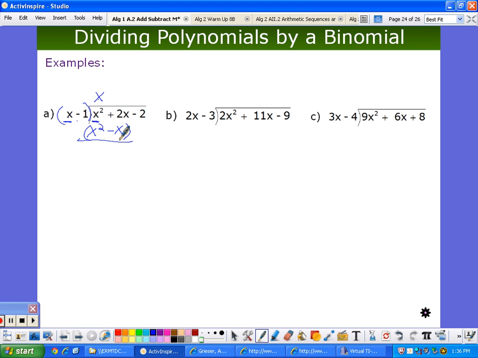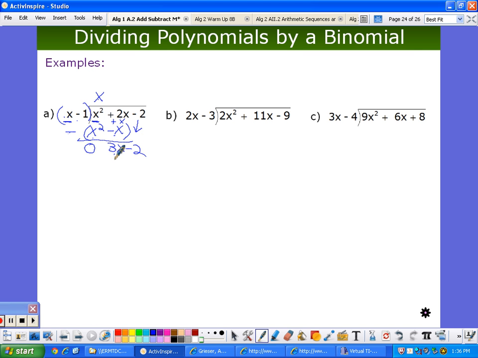We do our subtraction extremely carefully. x squared minus x squared, always should be a 0 there. Here's where we're being careful. 2x minus negative x, that's a plus x, right? So 2x plus x is 3x. Bring down the minus 2.